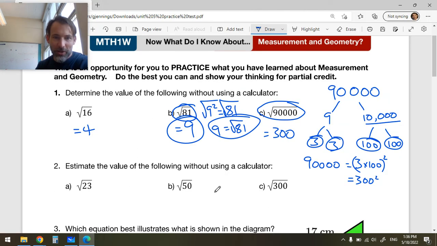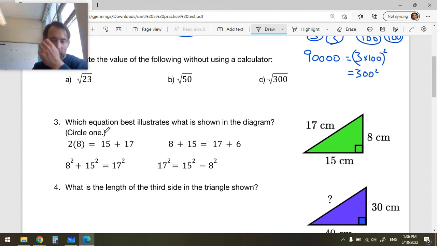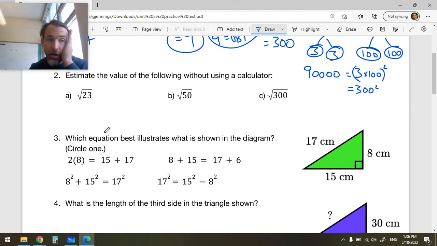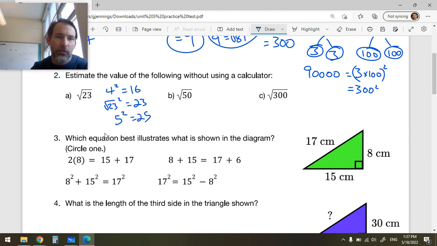Let's keep going, everyone. When we're estimating these without the help of a calculator, we want to know what squares they fall between. So 4 squared here happens to be 16, and 5 squared is 25. The square root of 23 is between 4 and 5. If I had to estimate it, maybe 4.8.